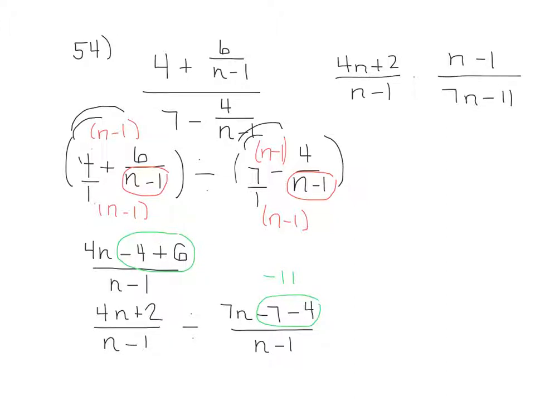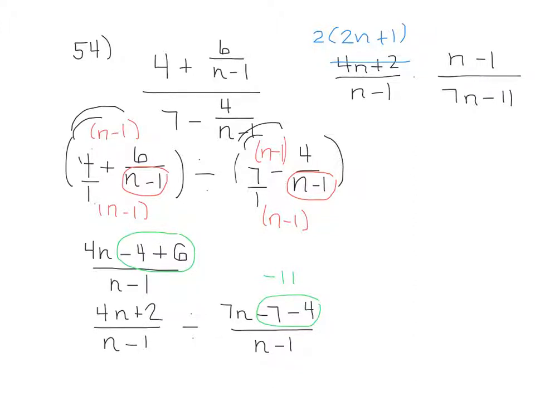That first numerator, both 4n and 2, are divisible by 2. So if I factor out a 2, 4n divided by 2 is 2n, and 2 divided by 2 is 1. So what do we have in common?